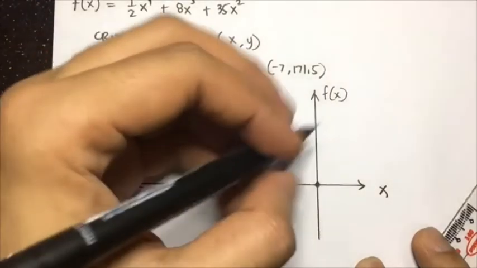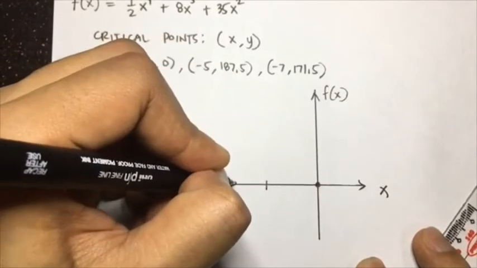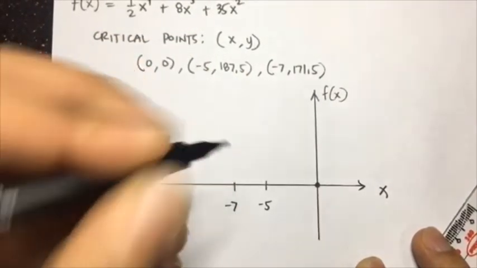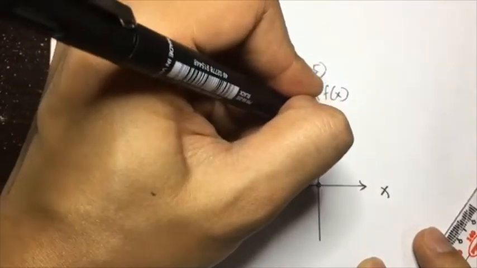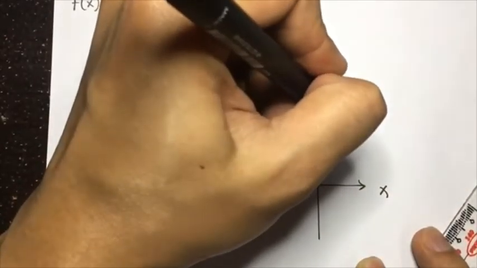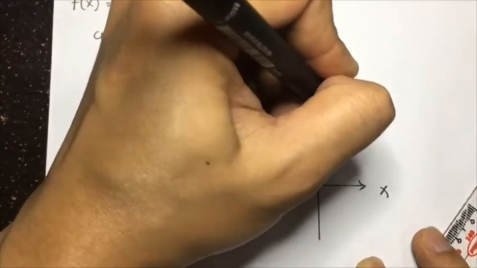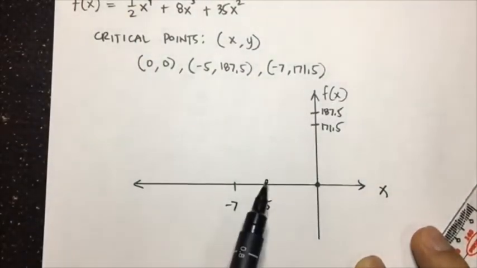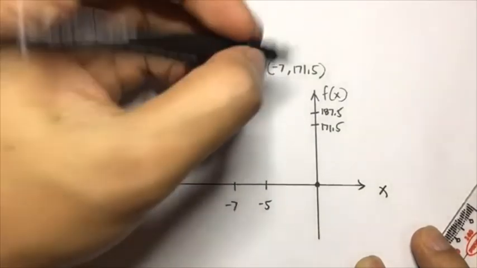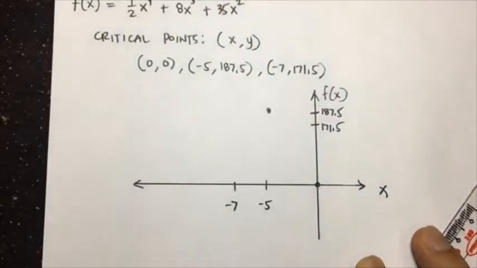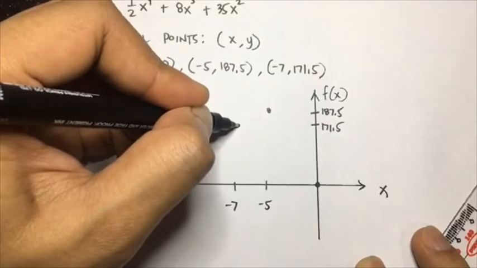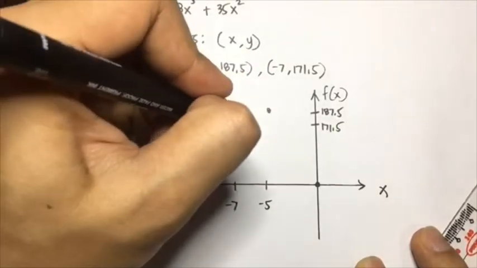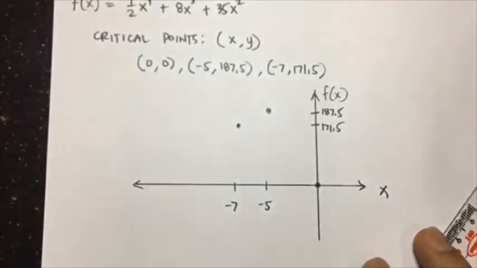So here is negative 5, and let's say here is our negative 7, and then this is 187.5, and this is 171.5. So the partner of negative 5 is 187.5. So we have these 3 points.